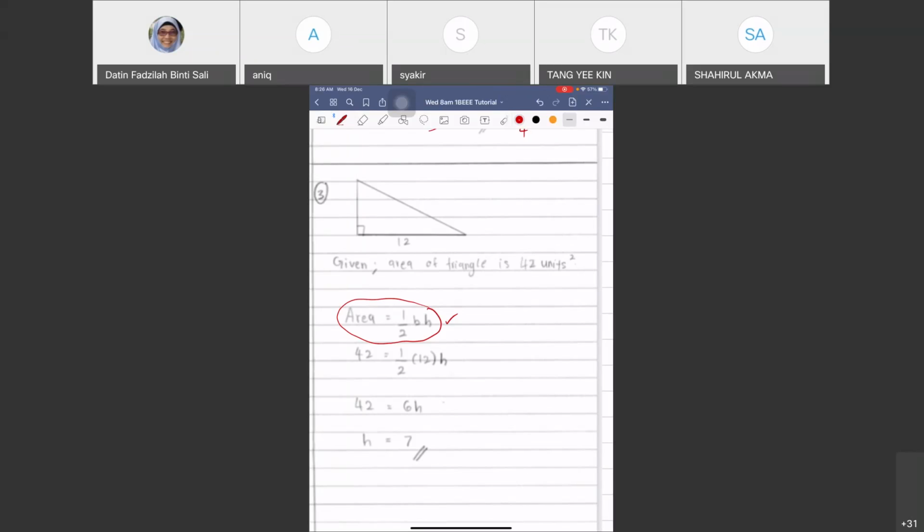This is given as 42, and the base is given, so what you want is the height. Just rearrange your equation, so you get your height. Any question for this exercise? Okay, then the next one.